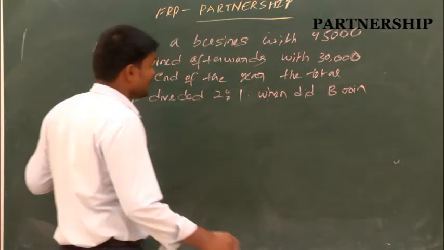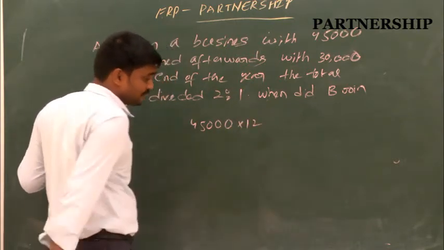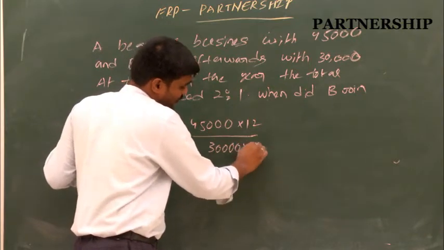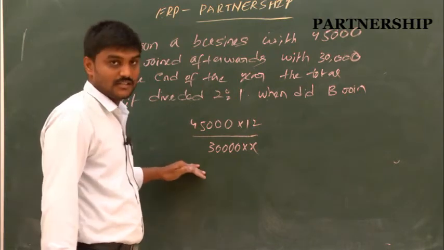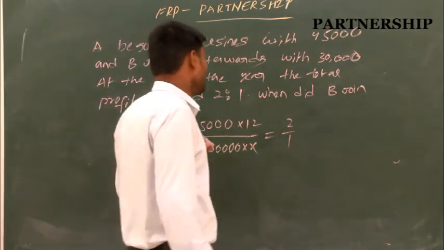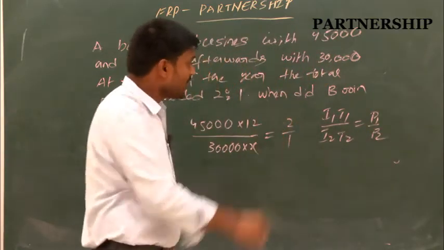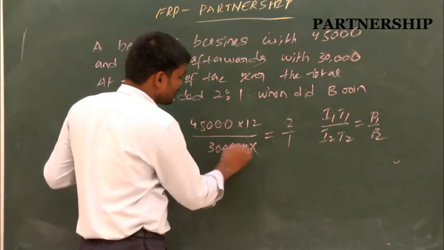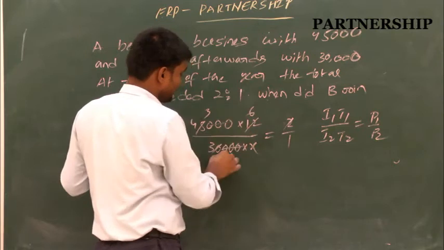So here A started a business with 45,000 and B joined afterwards with 30,000. At the end of the year, the total profit is divided 2:1. When did B join? So A has 45,000 for 12 months, and B has 30,000 for x months. According to the formula, investment into time period gives the profit ratio P1 by P2, that is 2:1.